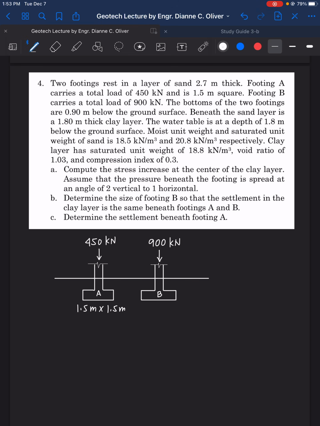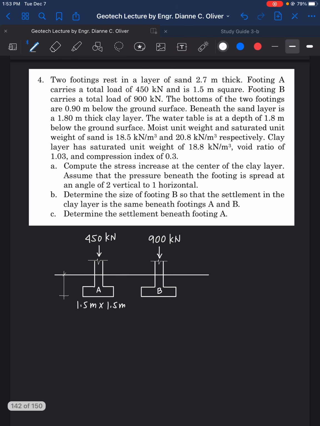So we have here a line. There you go, 0.9 meter.